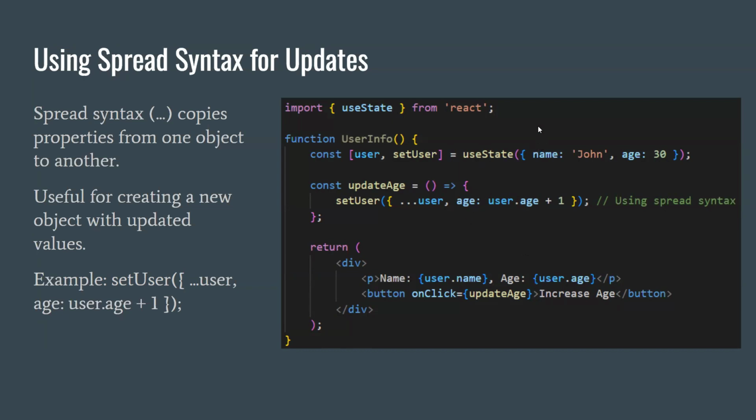So here we have a JavaScript object that has name and age properties.